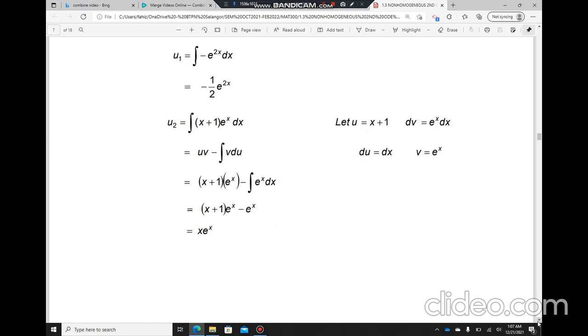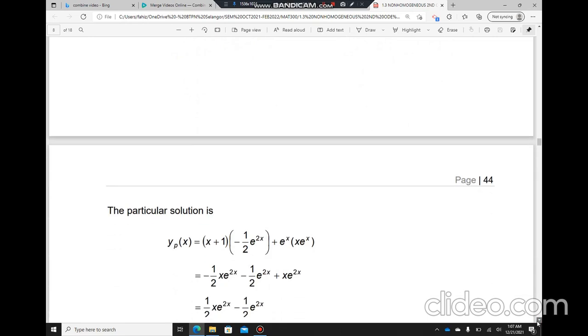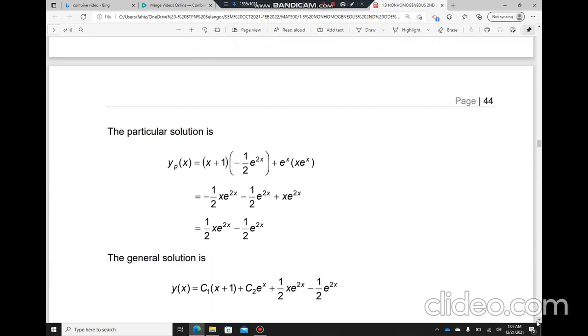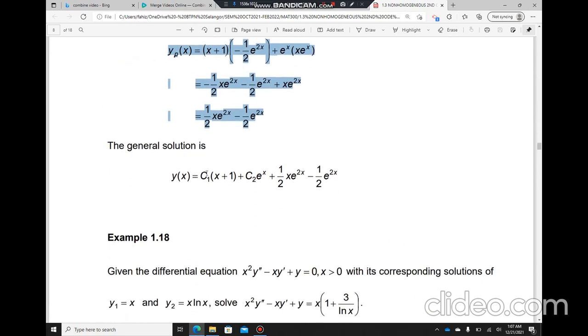So dia banyak menggunakan integration by parts, so refer balik nota sebelum ni. So the particular solution is, kita ambil balik nilai y1 u1 plus y2 u2. Okay, so ia dapat particular solution. So general solution kita tambah balik dengan yc yang diberi tadi, which is c1(x plus 1) plus c2 e^x. So you get the general solution of this differential equation.